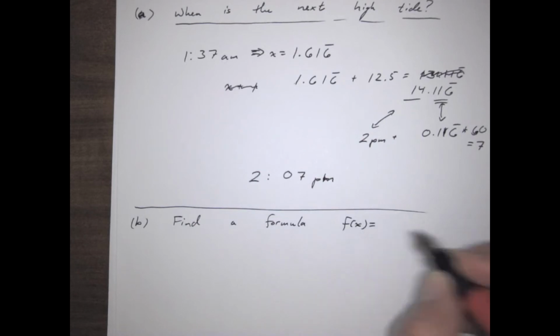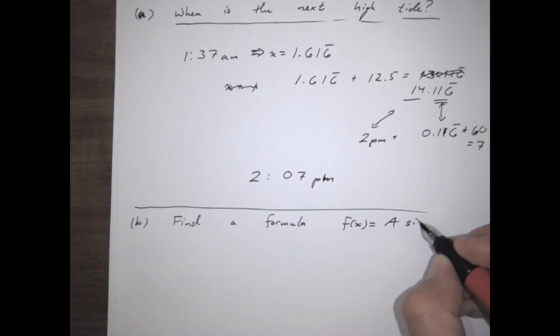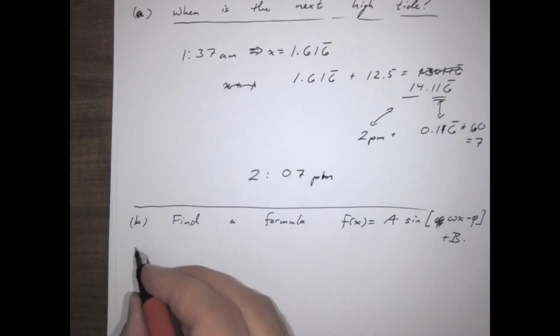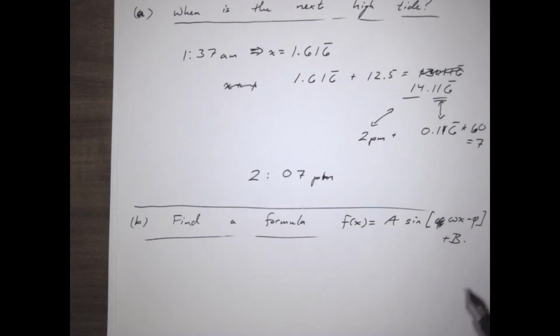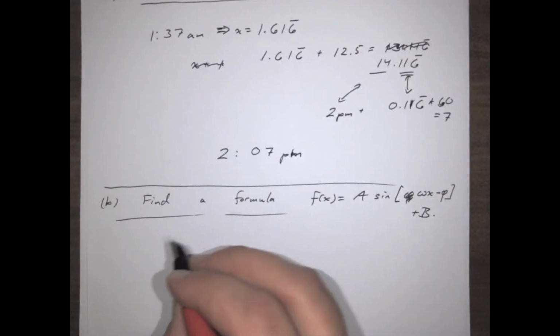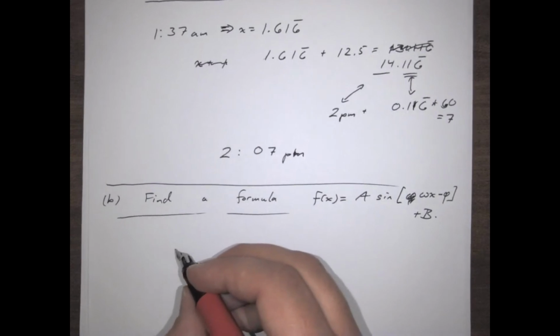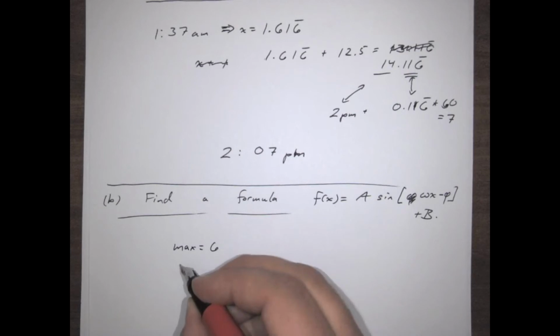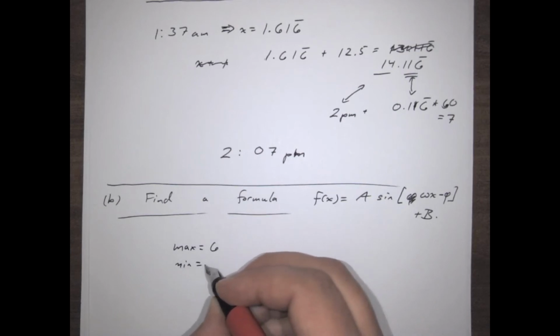F of x equals a, so they're here telling us the format of the formula that they want from us: sine, omega x minus phi, plus b. Okay, so let's just see what we've got here. The information that we are told is the max equals 6, the min equals -1.